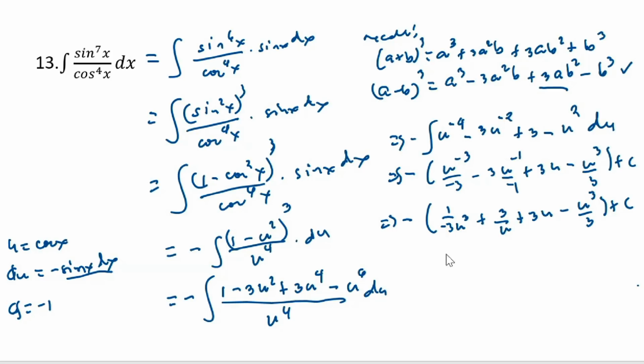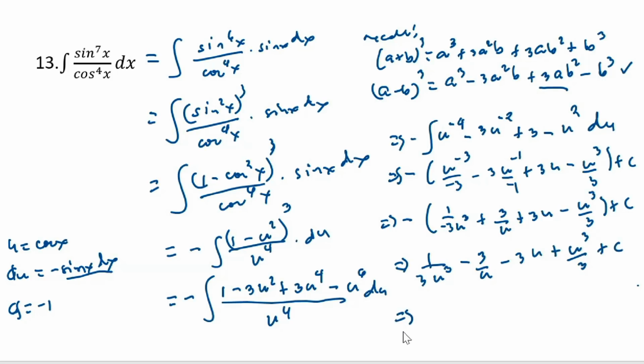Since I have a negative outside, I will multiply that one using the distributive property. So the negative of negative here becomes now positive. So we have 1 over 3u to the third power. Then the sign is changed, as negative 3 over u minus 3u plus u to the third power over 3, and then plus a constant.